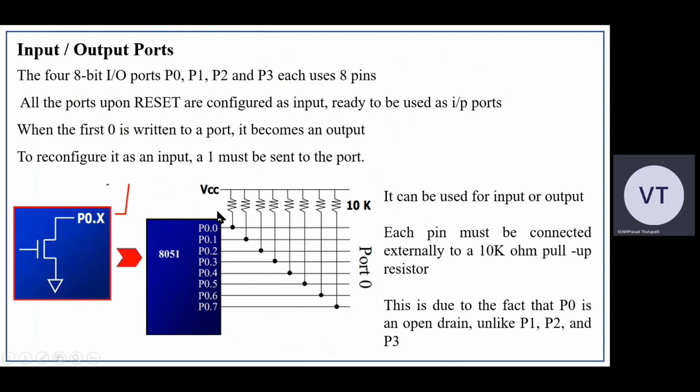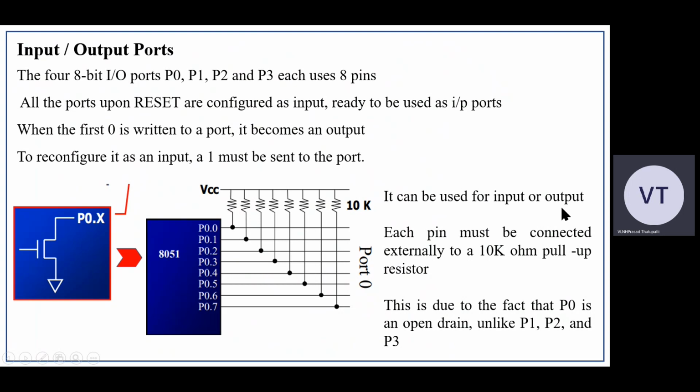So in order to configure this particular port as input port, and if you put 0 on this, if you clear P0.0 and P0.1, 2, 3, 4, 5 and 6 and 7, this entire port works like output port. So it can be used as input port or else output port.